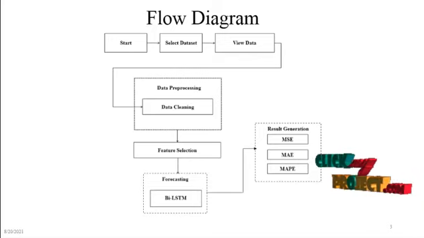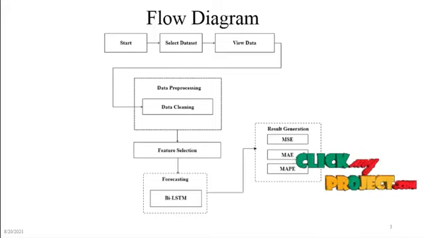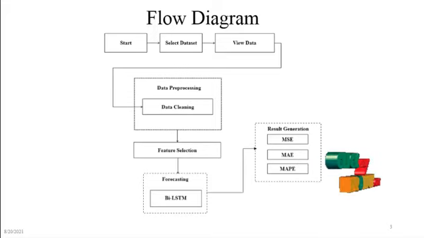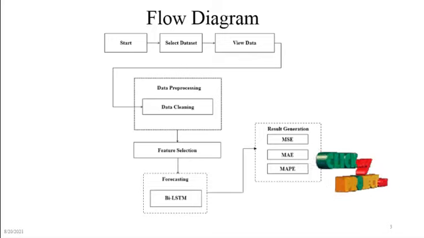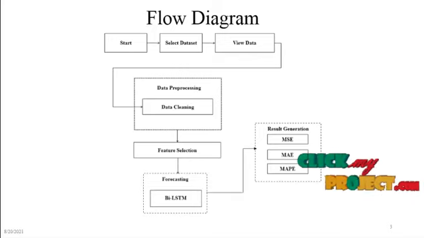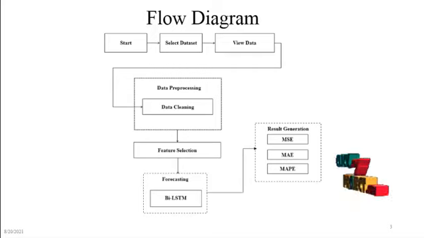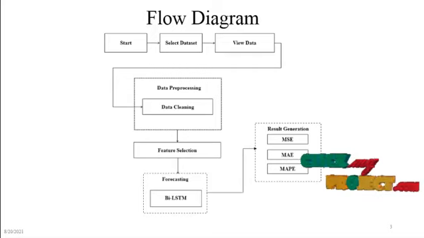In feature selection, we split the dataset into training, testing, and validation datasets. Then it goes to the forecasting method. In forecasting, we are using the Bi-LSTM algorithm, and we find the results based on mean square error and mean absolute percentage error.